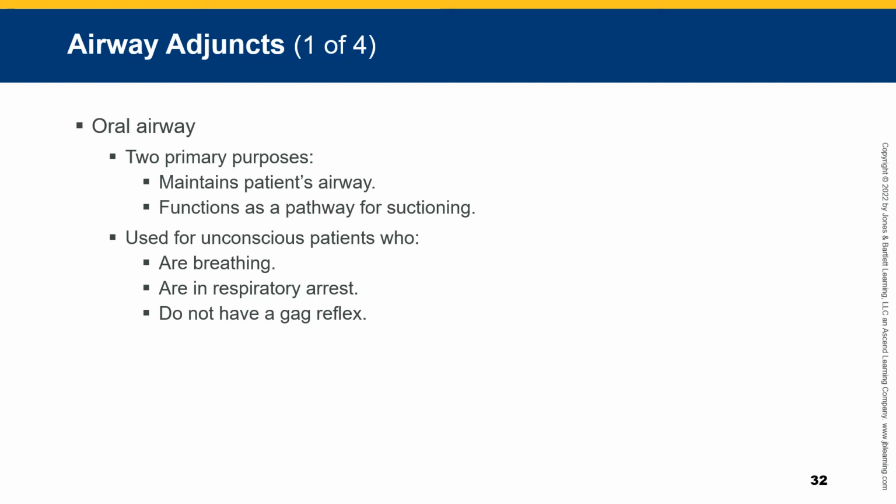In other words, if you try to insert an oral airway or an oral adjunct and they gag, they have an active gag reflex. So you can only use an airway adjunct on a person who does not have an active gag reflex.